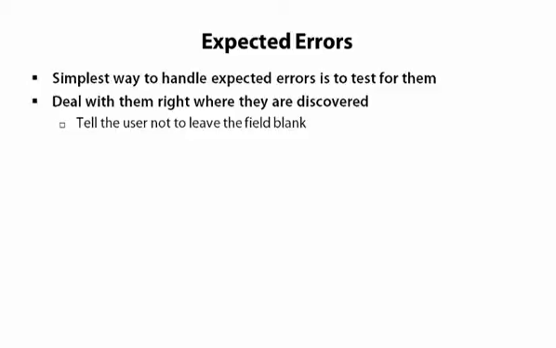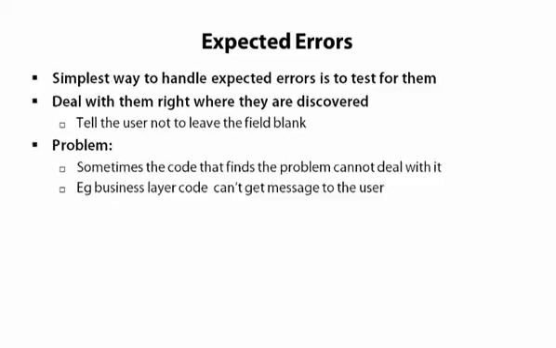But the problem is that in some designs, some architectures, the code that actually finds the problem is a really long way away from anywhere that it can tell the user about the problem, or in some other way recover. So if you're in the user interface and you've just popped up a dialog and you've let somebody choose a file and then you test to see if the file still exists and it doesn't, you can just pop up a message box that says, hey, that file seems to have disappeared in the last 5 seconds.